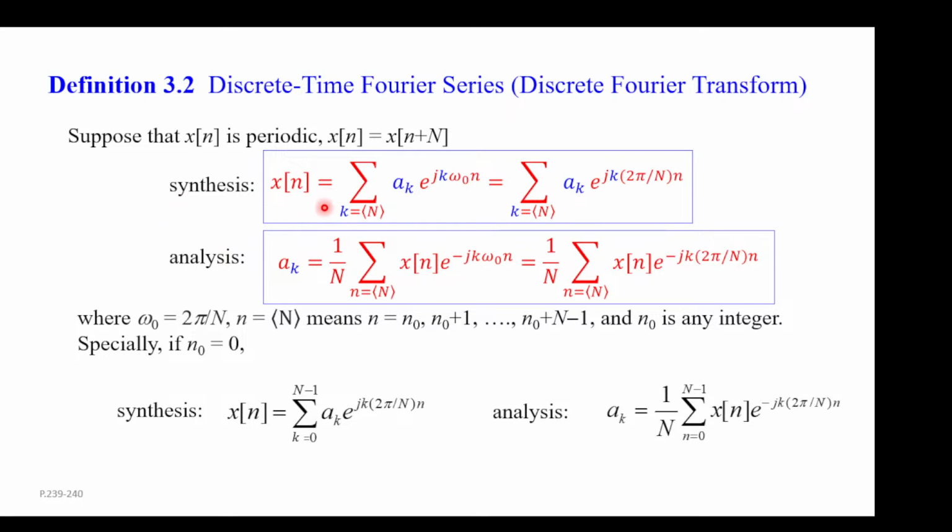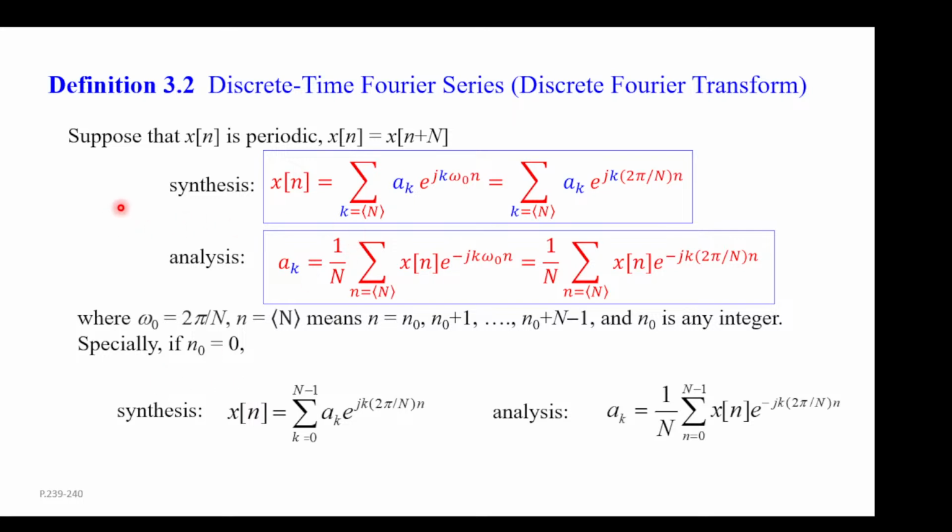In the synthesis equation, we have our periodic signal x of n equal to the summation over k of ak e to the jk omega n. And our analysis relationship says that our ak is really similar to the synthesis now. It's 1 over big N, summing over the small n, of x of n times e to the minus jk omega n.